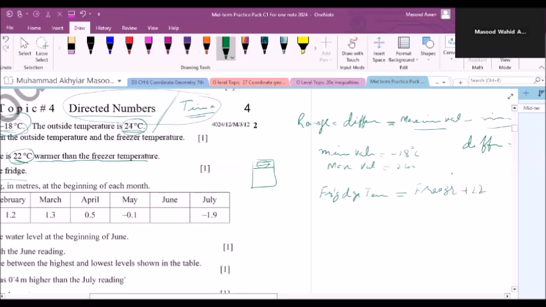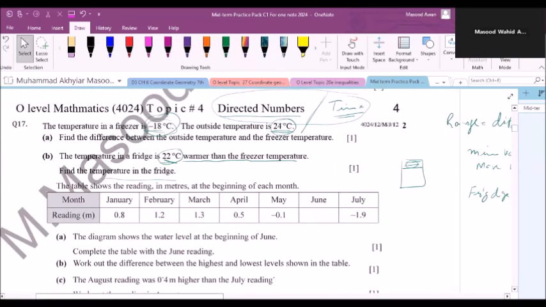It means it is more by 22 degrees. So it is minus 18 plus 22, and that is 4 degrees. The temperature of the fridge is right now 4 degrees centigrade.